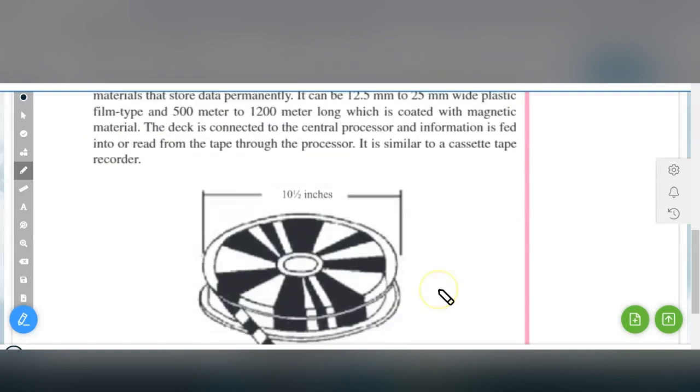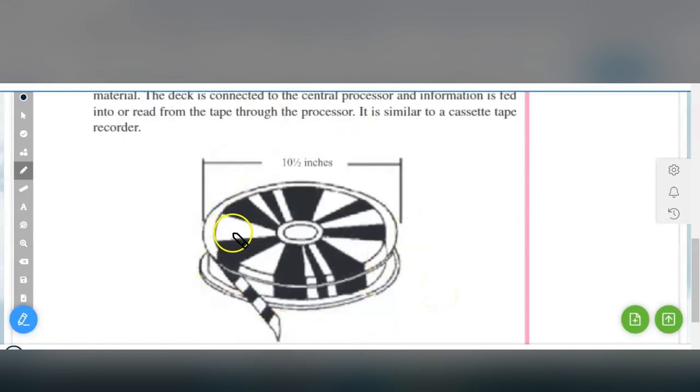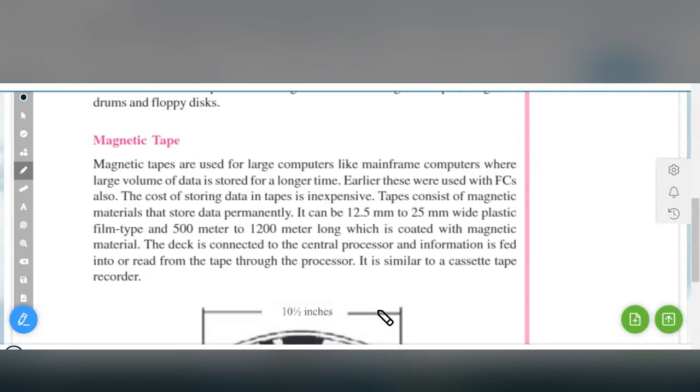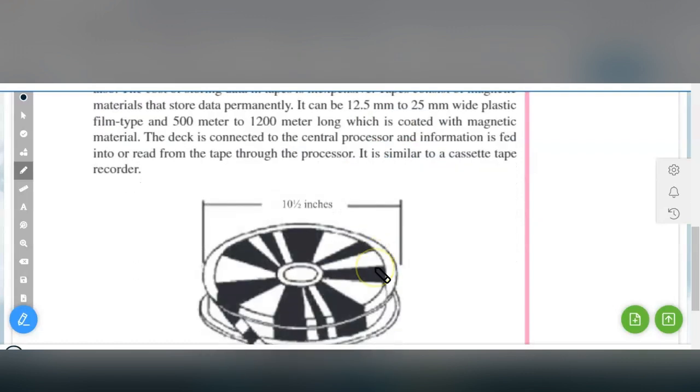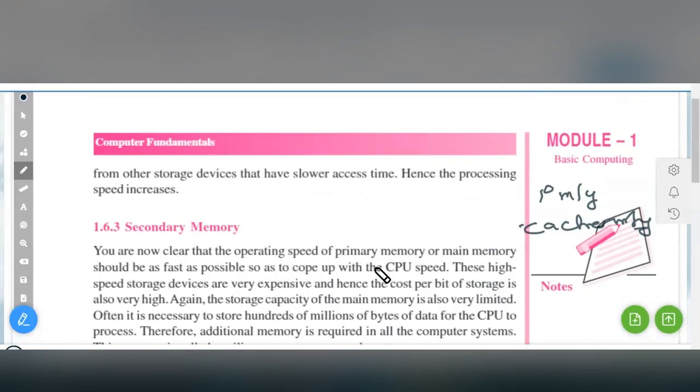A magnetic tape looks something like this, and you might have seen cassettes in which songs are stored, with reels coming out from them. This stores the information, and it is used for mainframe computers and large computers, where you need to store so much data.